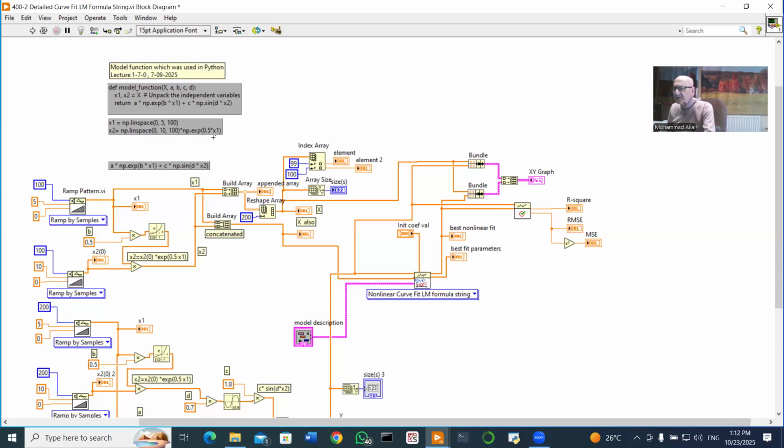So we have at first to create x1, then create x2, combine x1 and x2 and fit them to the input of the function here.